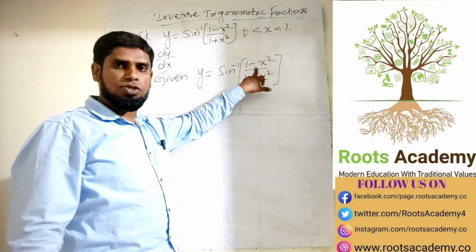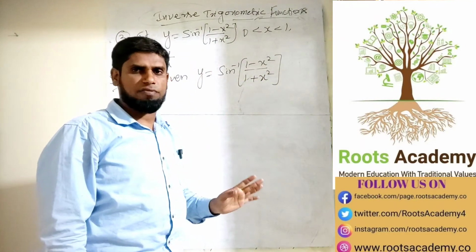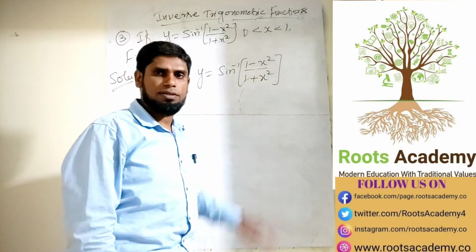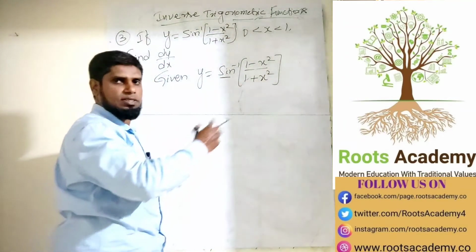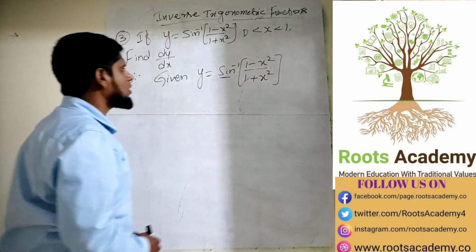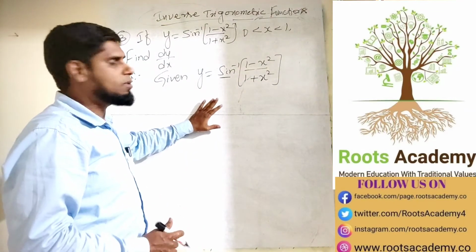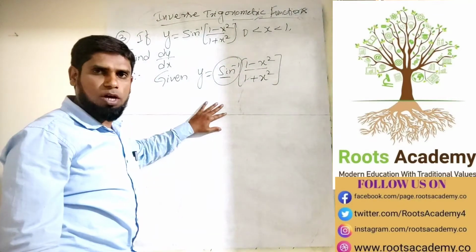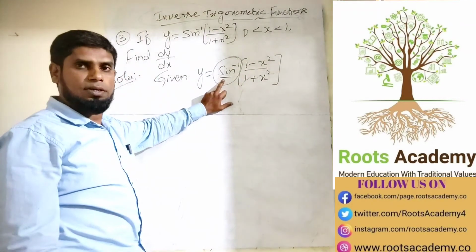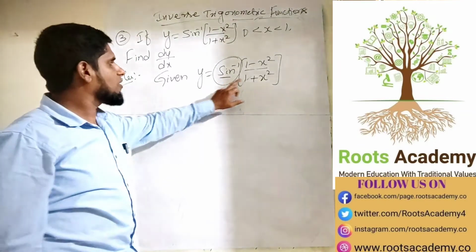If I substitute x as any other trigonometric function, I don't have any formula. Whether I have sin inverse or cos inverse, that I will see later. It is exactly the same as the previous problem. The only difference is that there it was cos inverse, now it is sin inverse. But in both cases, I will put x as tan only.